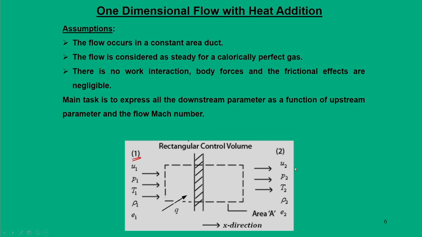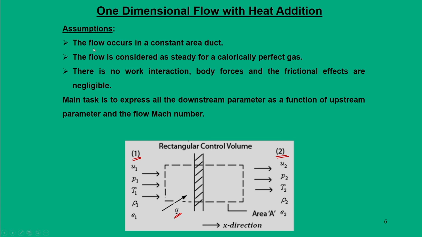The outgoing flow conditions are denoted by region 2, but what changes the properties is the heat transfer, where a certain amount of heat is added into this medium.